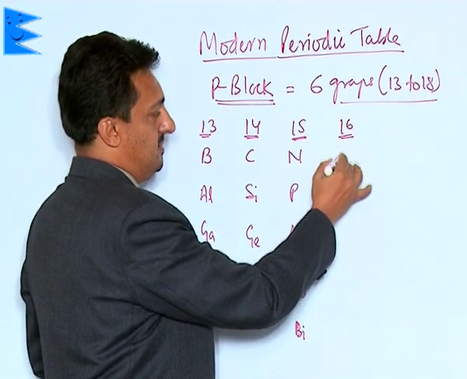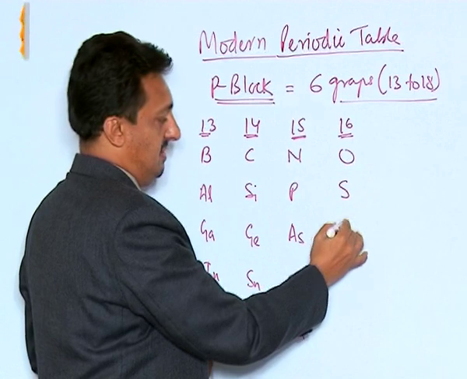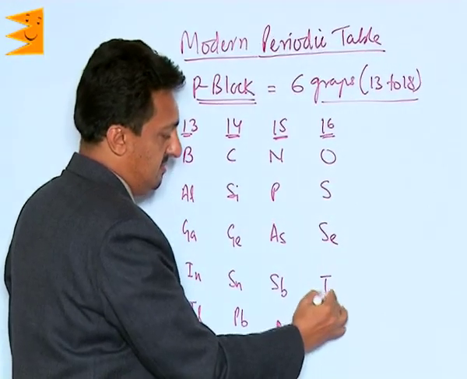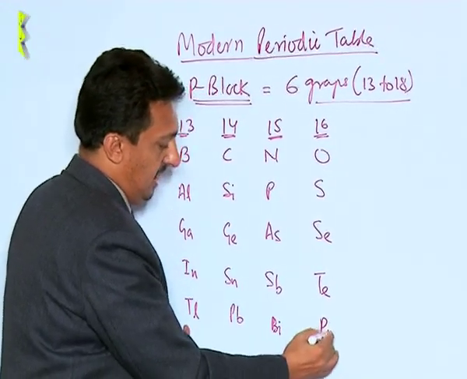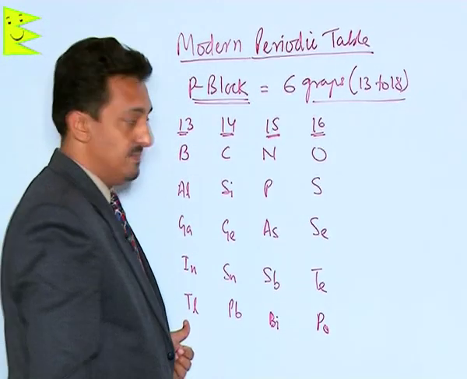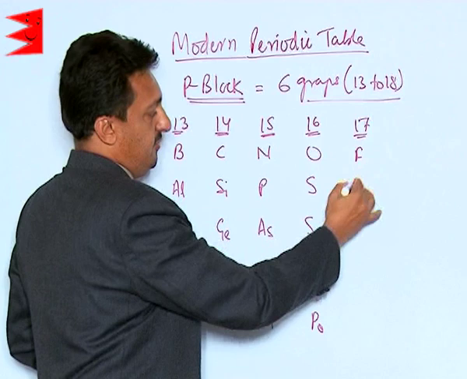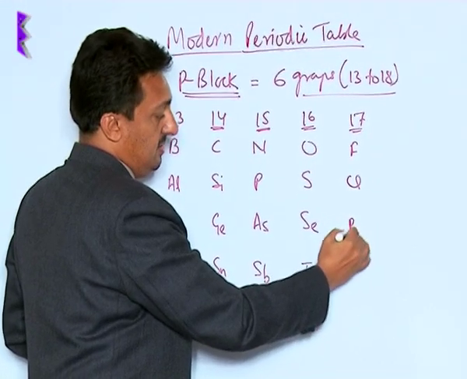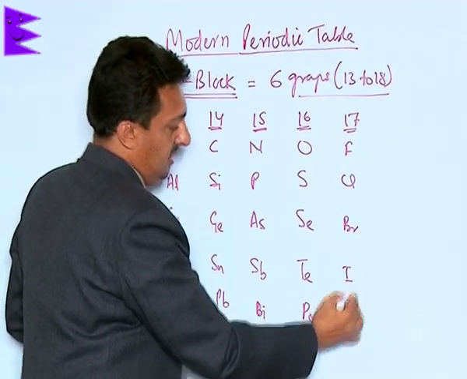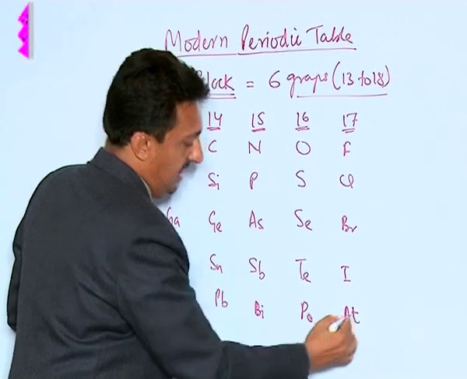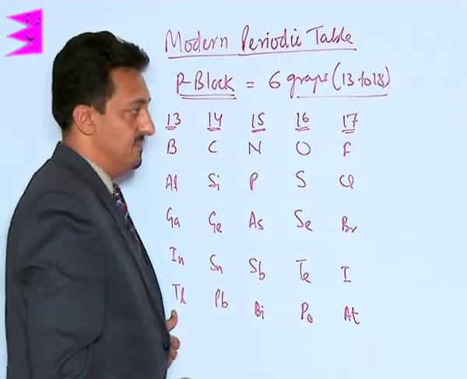The 16th includes oxygen, sulfur, selenium, tellurium, and polonium. The 17th includes fluorine, chlorine, bromine, iodine, and astatine.